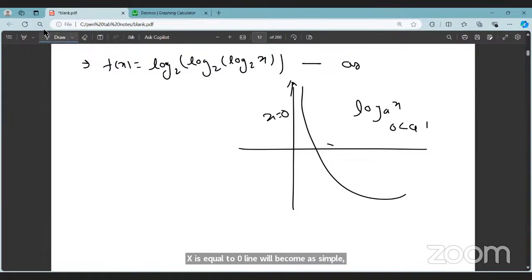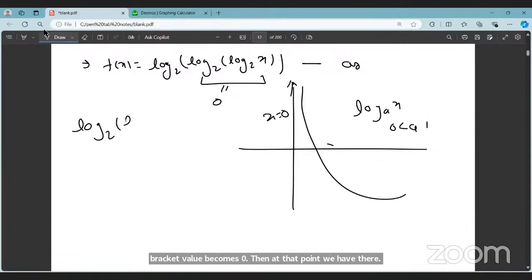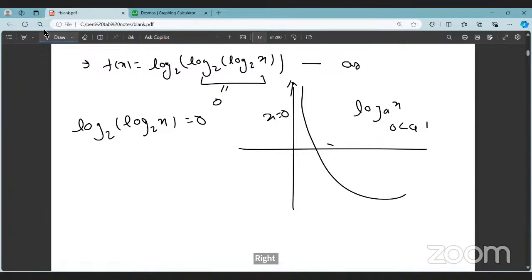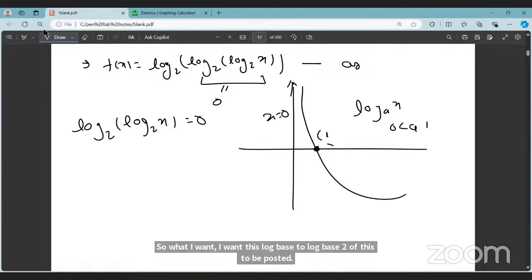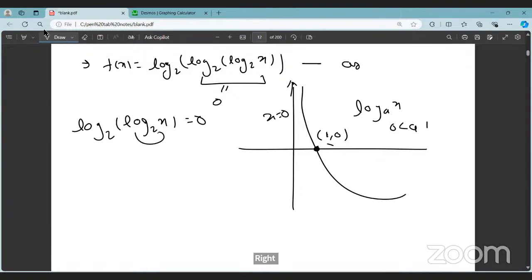So using the same concept, we have to find the asymptote for this. Whenever the inner bracket value becomes 0, at that point we have the asymptote. So I want log base 2 of x to be equal to 0, and we know that the log cuts at the point 1, 0. So if this value becomes 1, then this log becomes 0, and we have the asymptotic behavior there.